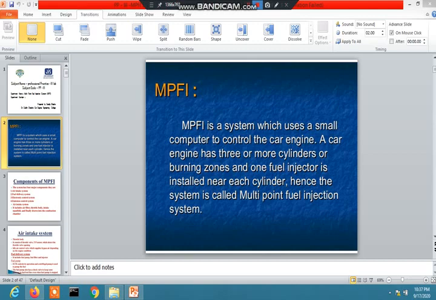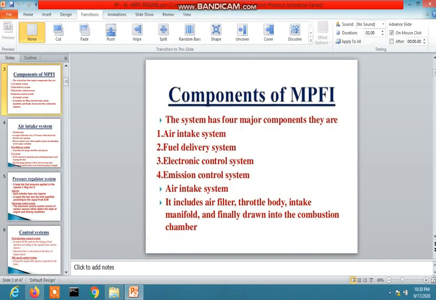Now, the components of the MPFI engine. Basically, there are four components of the MPFI engine. One is the air intake system, second fuel delivery system, third electronic control system, and fourth emission control system.